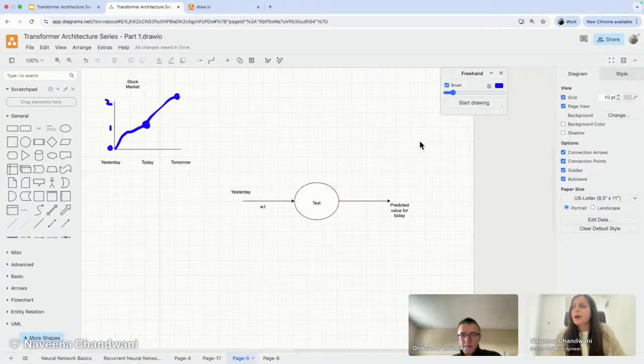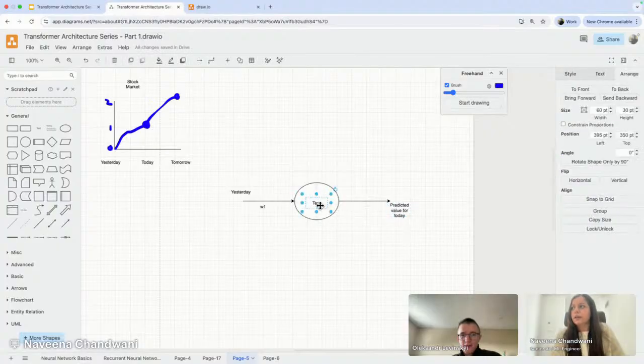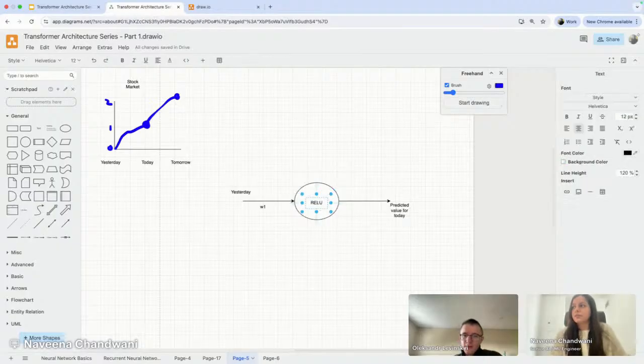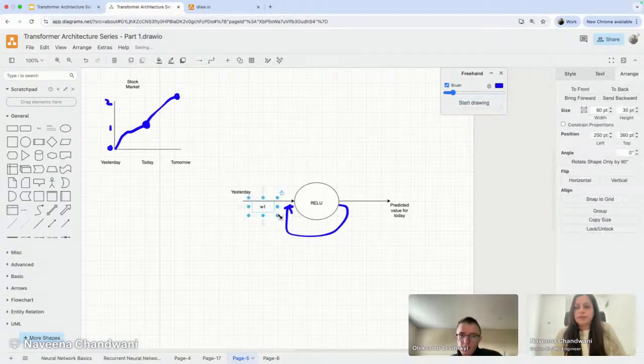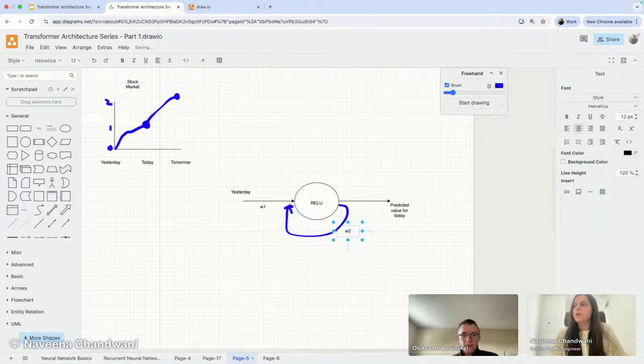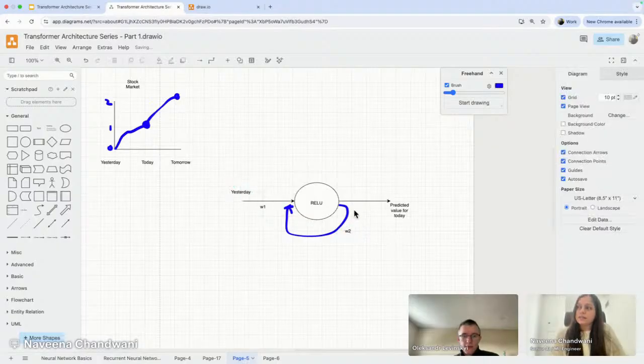So this what we learned, and this we will just call some activation function. This we will actually feed back in, and we will add some weight to this. And so now in the next turn, instead of yesterday, we will be feeding today's value here. So today's value plus the learned value of today that we already had, and based on that we get this predicted value for tomorrow.